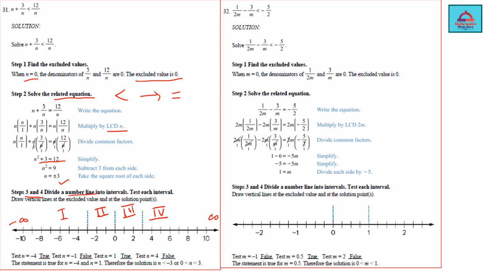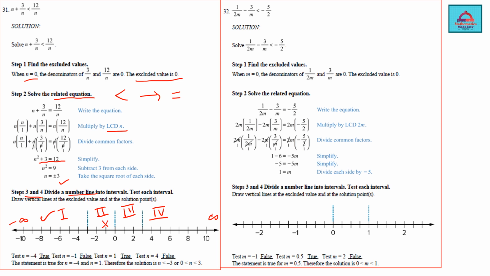So we are again going to take test points, put some value in between. Like for this interval, I'm selecting the value minus 4. It is coming to be true, so this is going to be a part of the solution set. For n equal to minus 1, the test is failing. That means this interval will not be the solution.